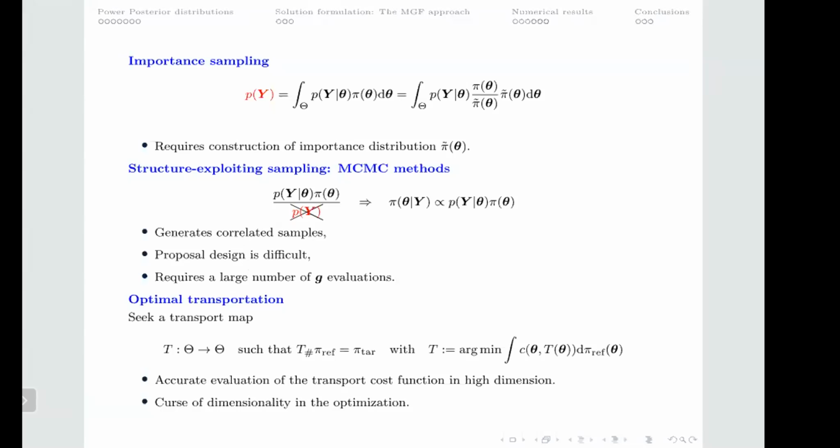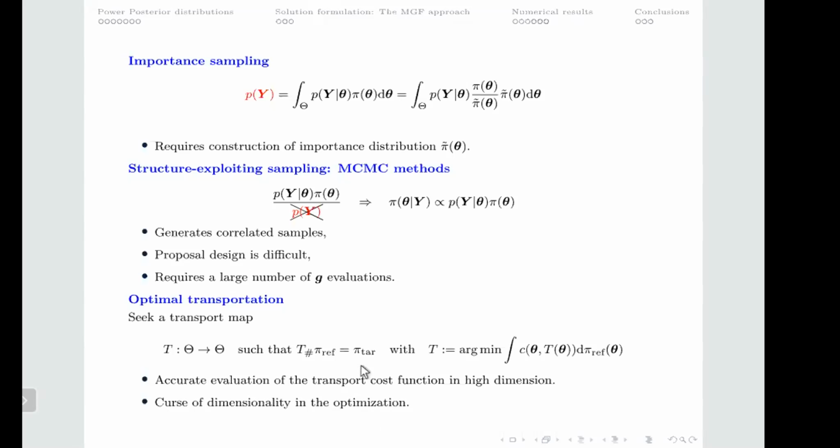So in optimal transportation, mainly what you do is try to construct a map that is called a push-forward map between your target distribution and your reference distribution by minimizing the transport cost function.